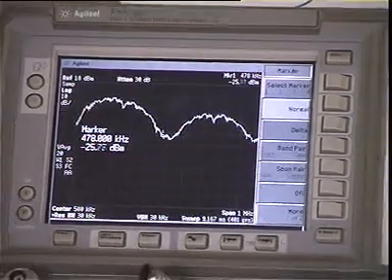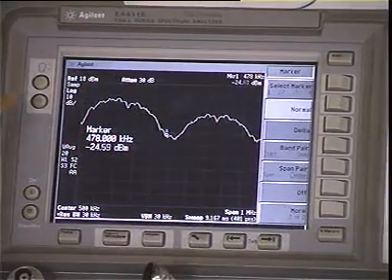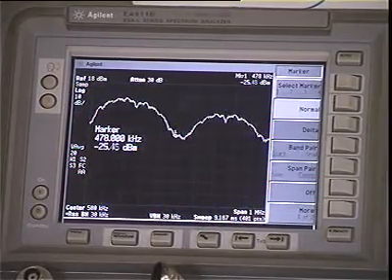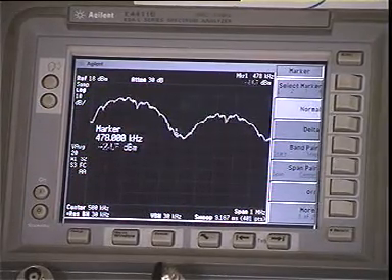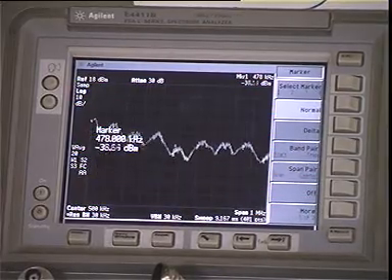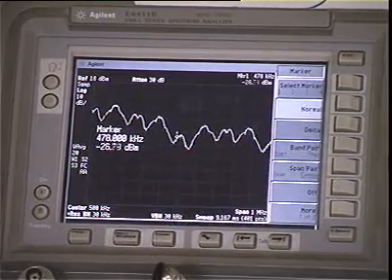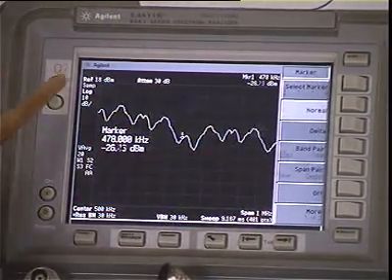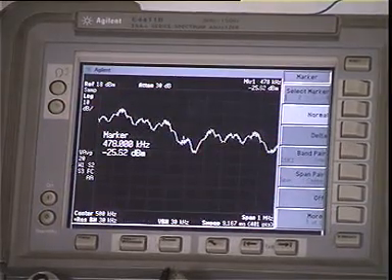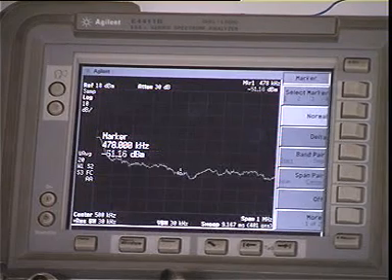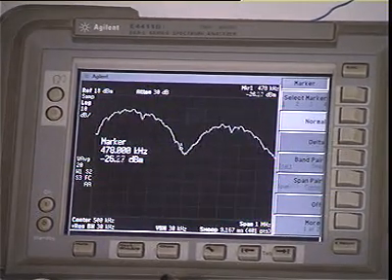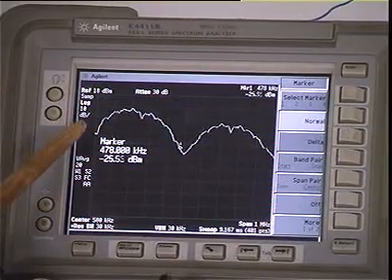Now this is biphase L. What I am showing you is the spectrum of biphase L. This also has a certain amount of DC component. Next, alternate mark inversion, the spectral characteristic, this also has a DC component, a very small DC component.